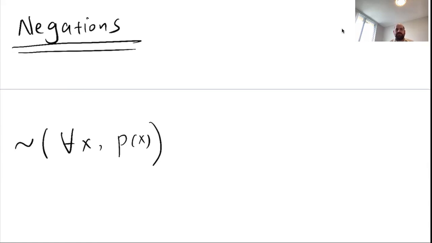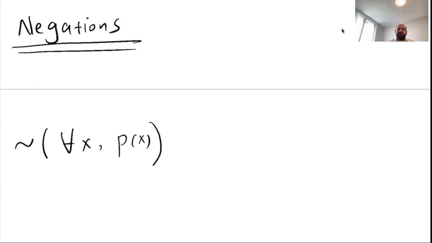Again, think about the example we did. When can I say that it's not the case that for each student in our Math 120 class, their GPA is more than 3.6?